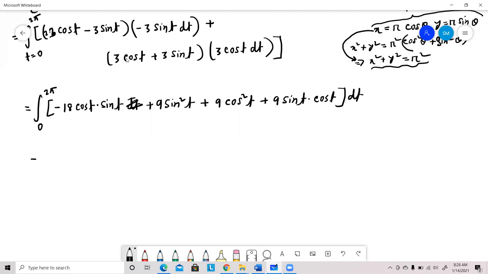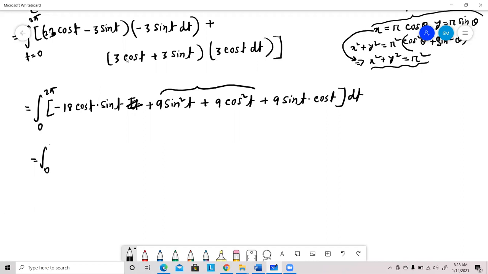Now if we simplify, we observe that from the second and third terms, 9 sin square t plus 9 cos square t, if I take 9 common, it will be sin square t plus cos square t, which is 1, so 1 into 9. Good.